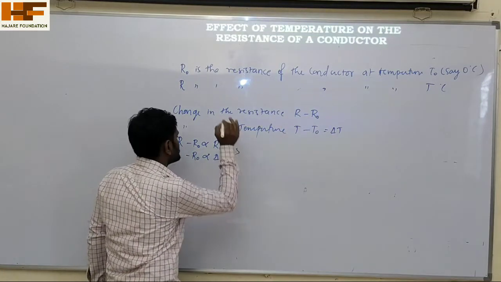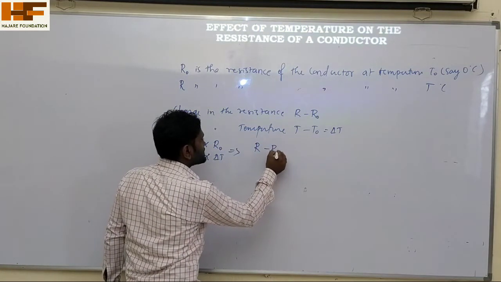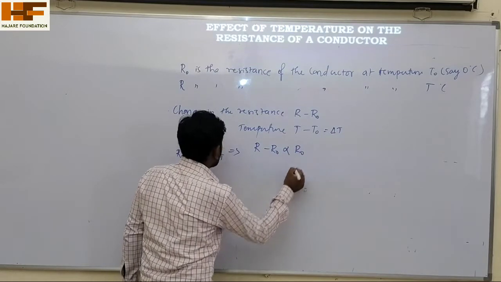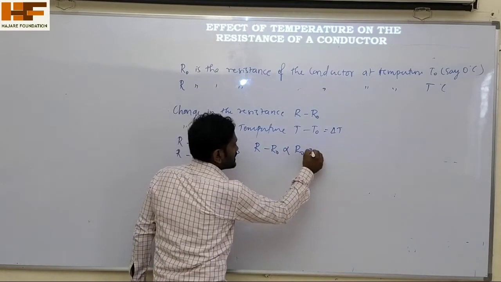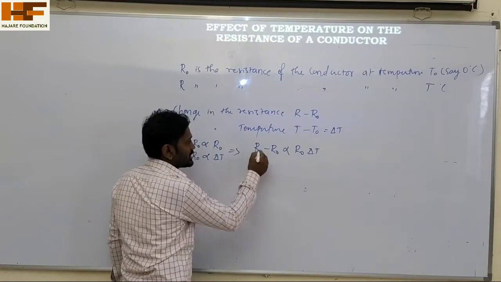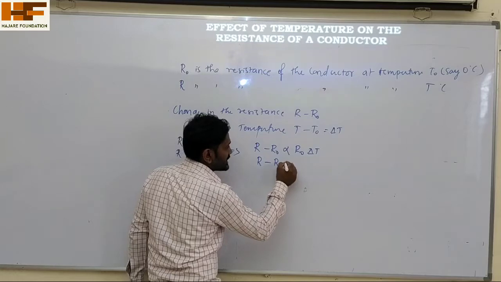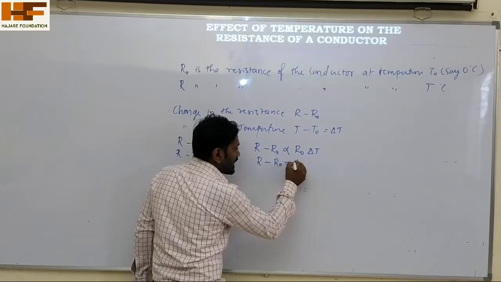Combining these two, R minus R naught is directly proportional to R naught into delta T.